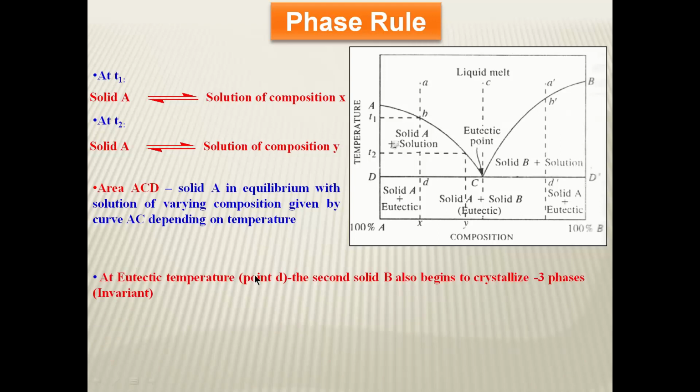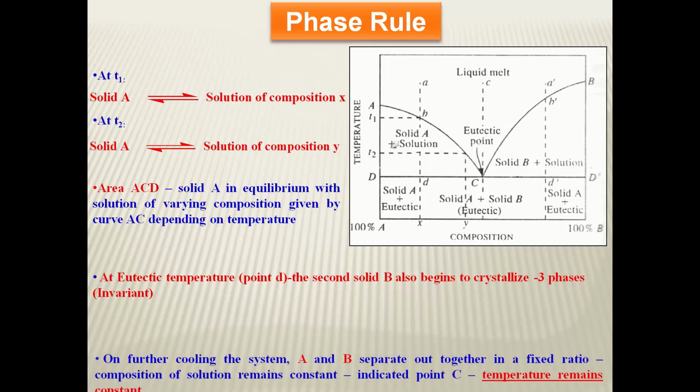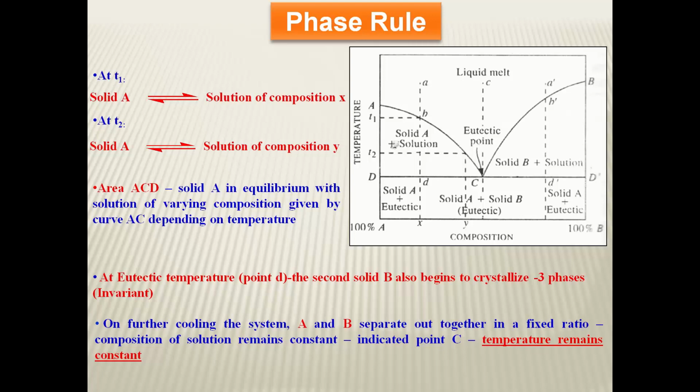At eutectic temperature point D, the second solid B also begins to crystallize. When you further go on cooling, there is a point where B also starts separating out as a solid, and that point is known as the eutectic point. And at that point there will be three phases now, because every solid forms a different phase.